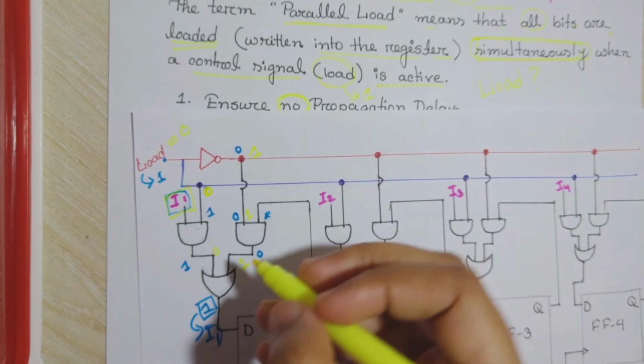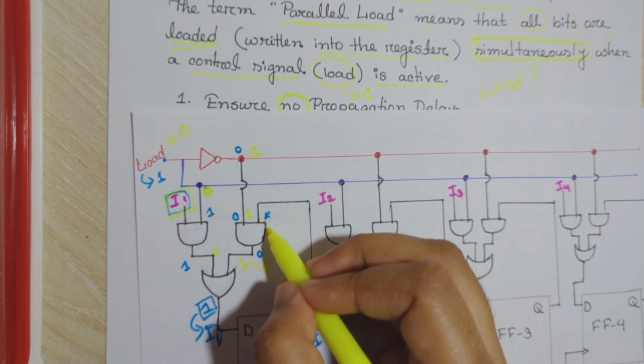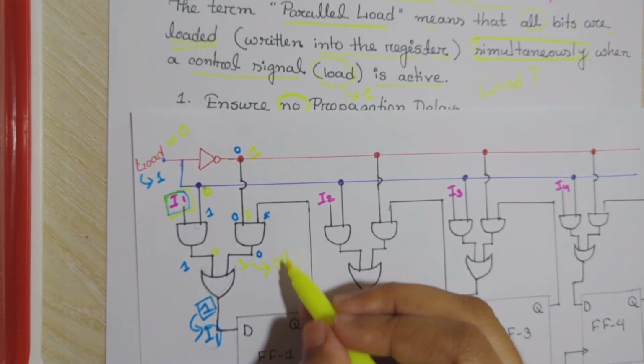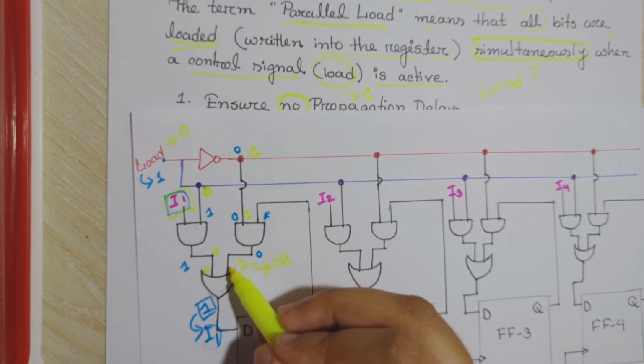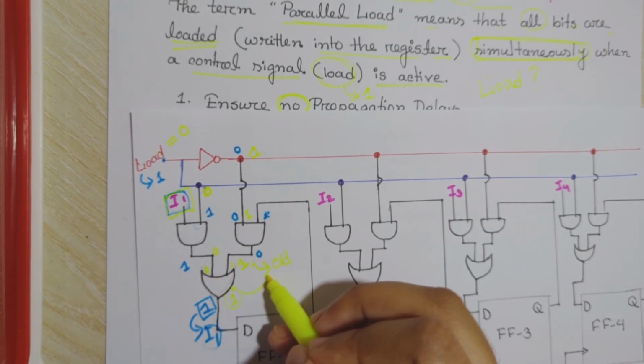This will store our old Q, means the old output, and from this it comes 0 and here comes 1, then we will get 1 for this old data.